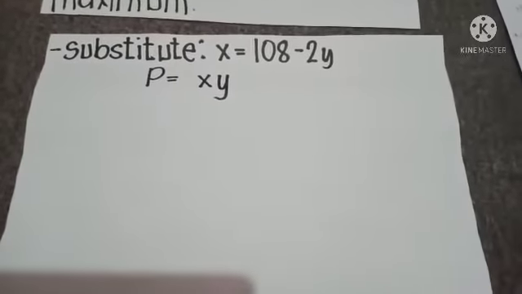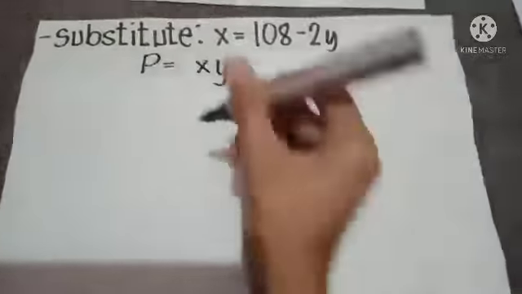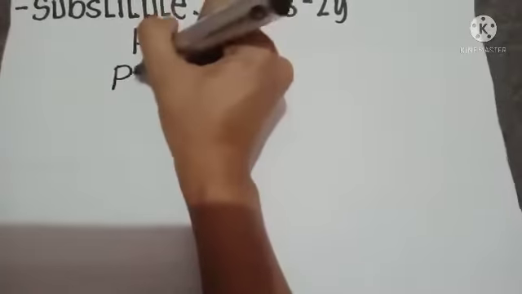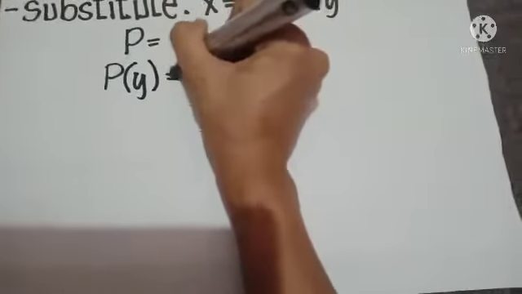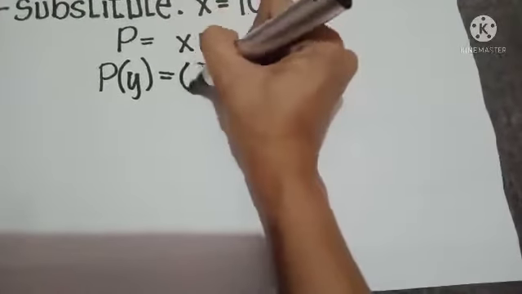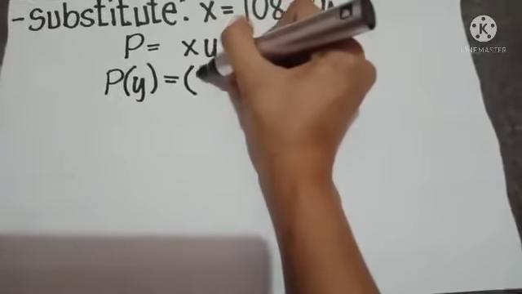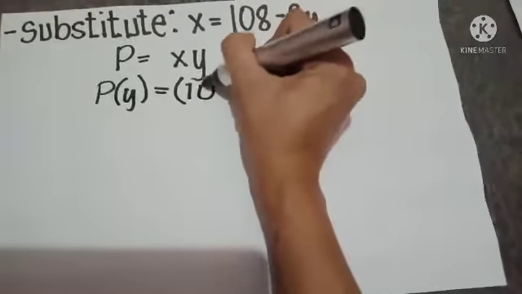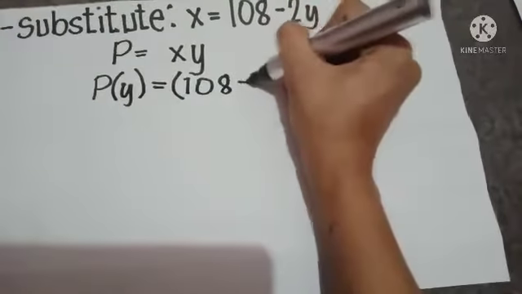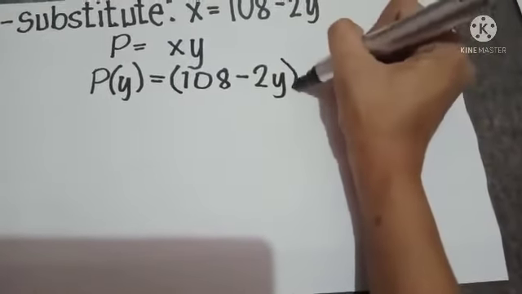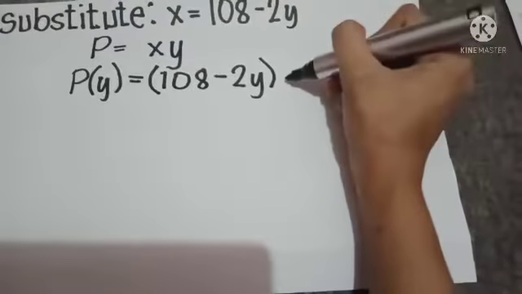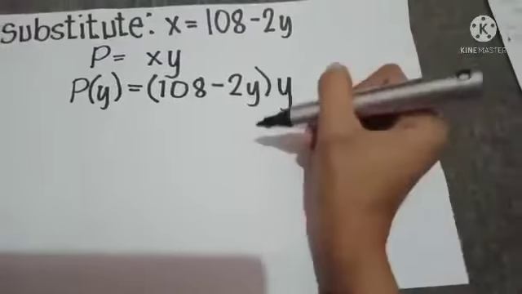So therefore, p of y is equal to, substitute the value of x, 108 minus 2y quantity times y.